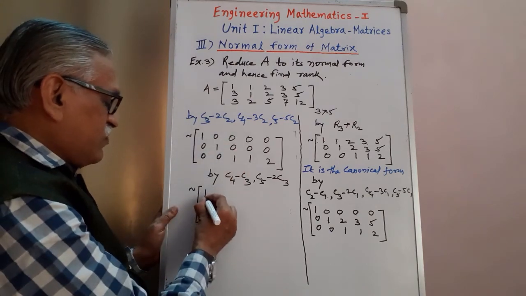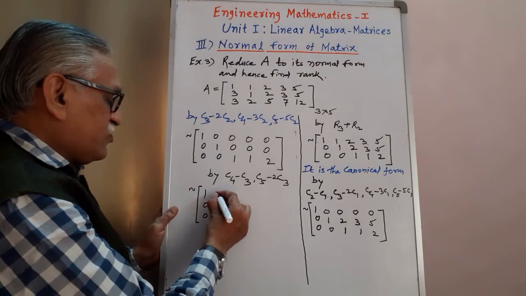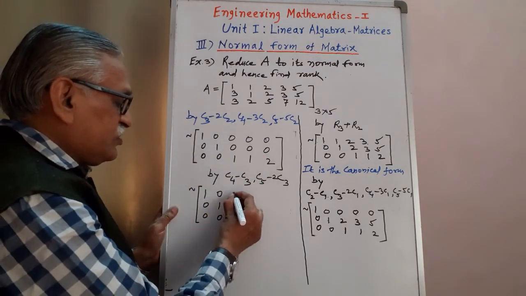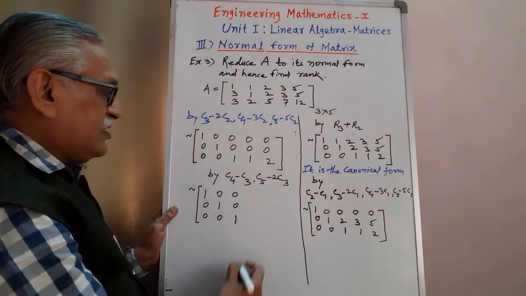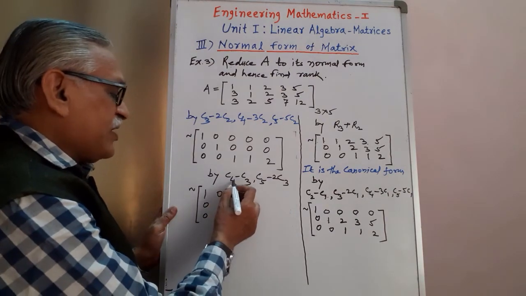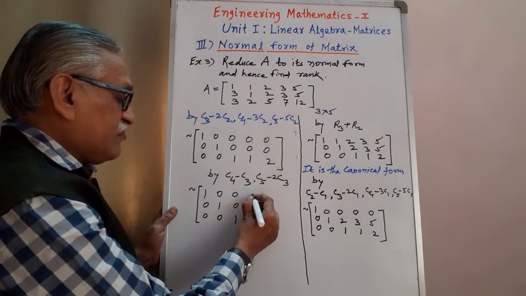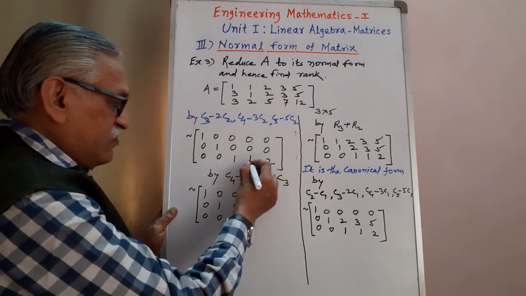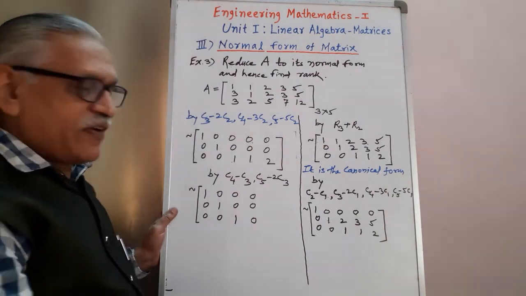Again column wise, 1 0 0 no change. Second column also no change, 0 1 0. Third also no change, 0 0 1. Next, applying C4 minus C3: 0 minus 0, 0 minus 0, 1 minus 1, we get that required 0.